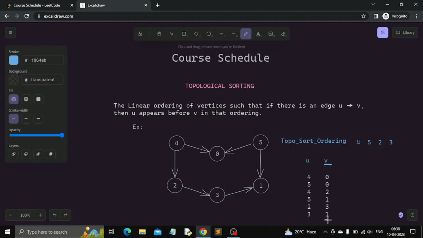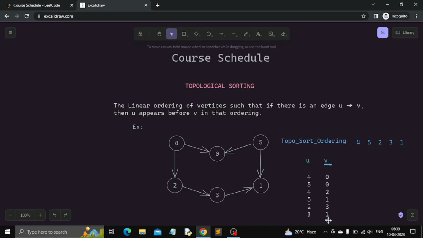Now we are done with node 3 as well, which means that the next node that we can have in our ordering can be node 1. So here we can write node 1. Last node that we are left with is node 0.